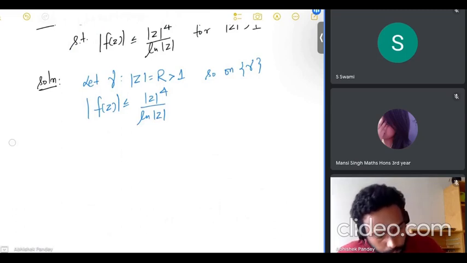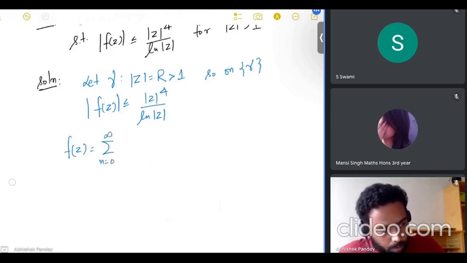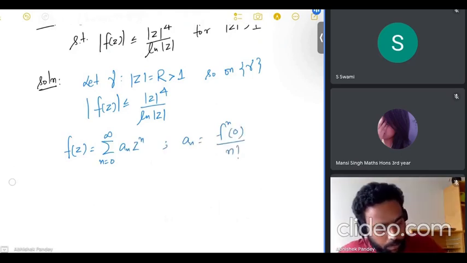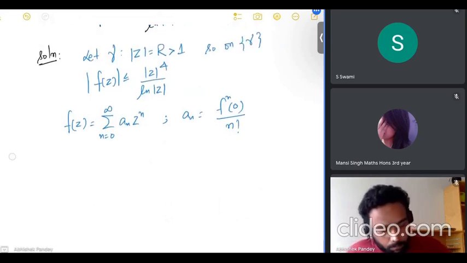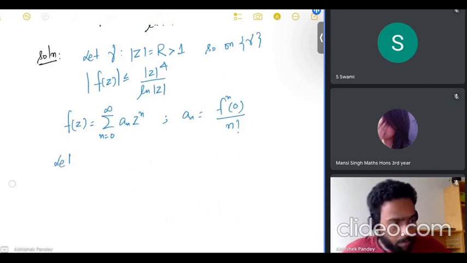Since f is entire, f(z) is the summation from n equals 0 to infinity of a_n z to the power n, where a_n is f^(n)(0) upon n factorial. Okay, so let n be greater than 4.